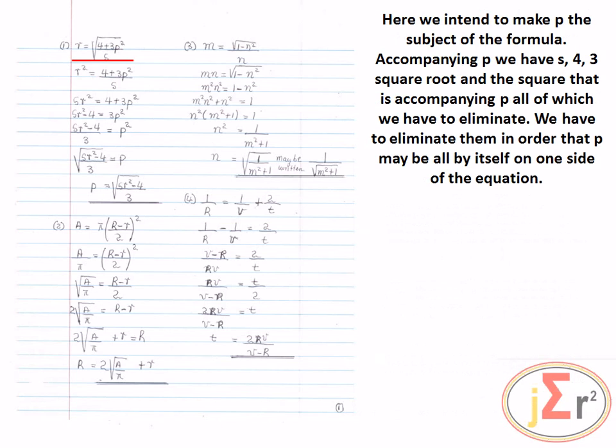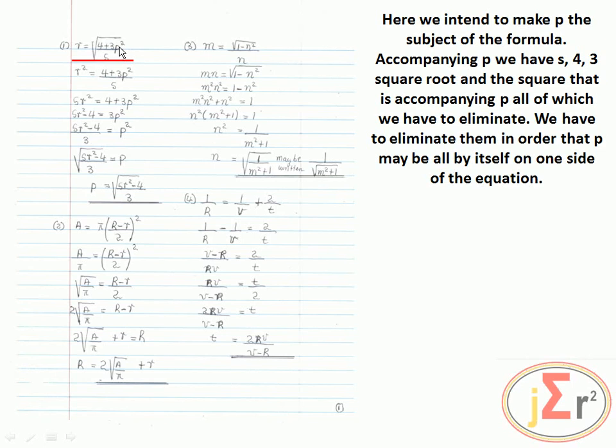Here we intend to make P the subject of the formula. Accompanying P, we have S, 4, 3, we have the square root operation, which is this one, and also P is squared.